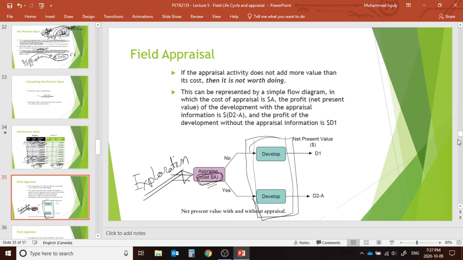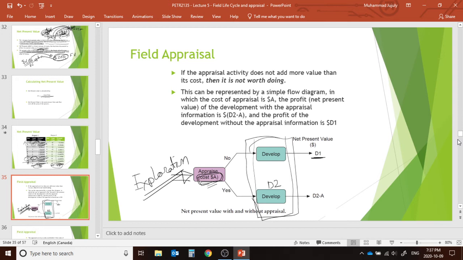Now, if you go on this path, the net present value, the profit, is D1 if you do not do the appraisal, and if you do the appraisal, the profit would be D2.